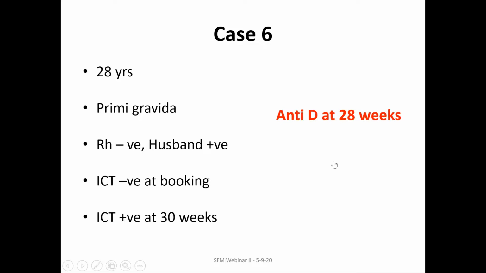And as we very clearly mentioned last time, if you give anti-D at 28 weeks, the ICT would be positive for 4 to 6 weeks, or sometimes even up to 12 weeks after your antenatal dose of antepartum anti-D, and therefore that was why this lady showed a positive ICT. But remember, as we said last time, the titers would never exceed 1:4 in the tube method following an anti-D that you give as part of your anti-D prophylaxis, unlike in case of an immune anti-D.